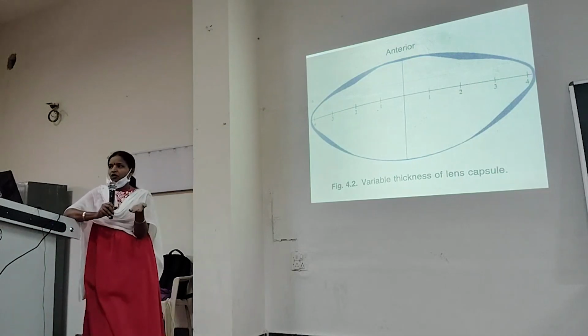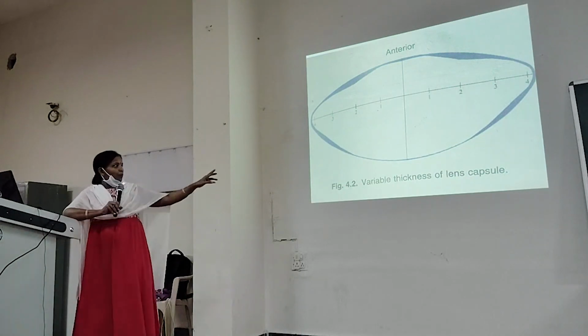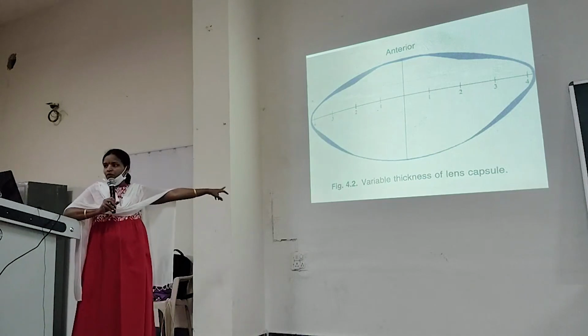And during surgery also, once the lens gets opacified, we call it cataract, okay? Any opacification of the lens or its capsule, either developmental or acquired, we call it cataract, okay? So during cataract surgery also, when I deal with the cataract surgery, I will tell you, we have to maintain this posterior capsule.